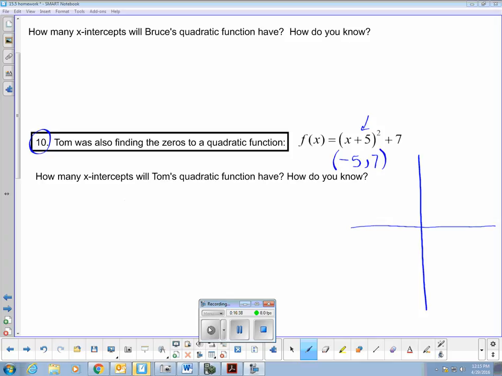So if I plot that point negative 5, comma 7, I get a value that looks like this. And if the parabola is opening up, then I can clearly see that this function has no x-intercepts.